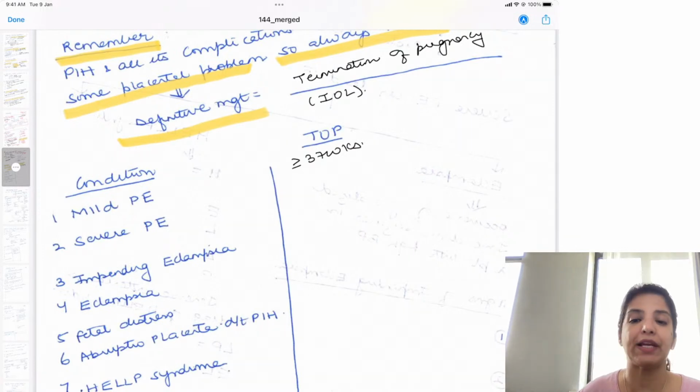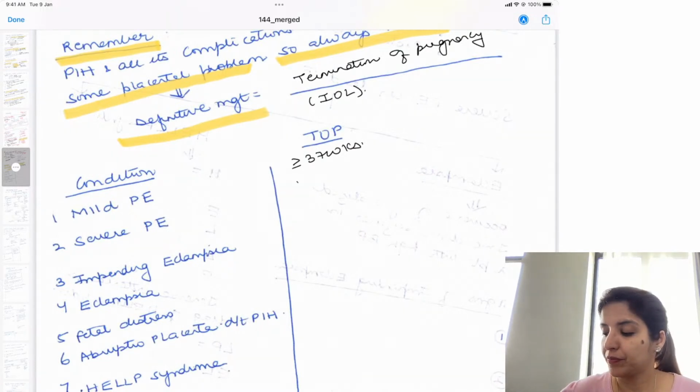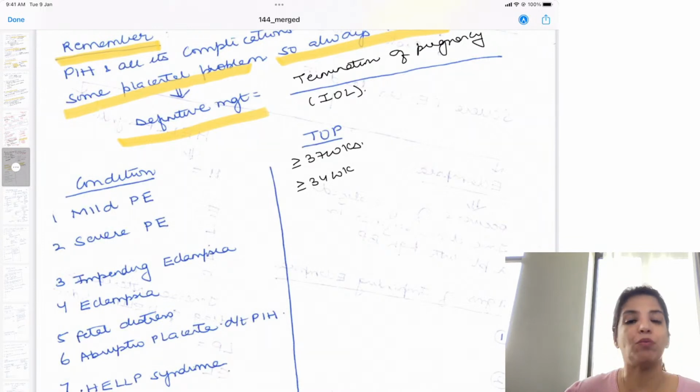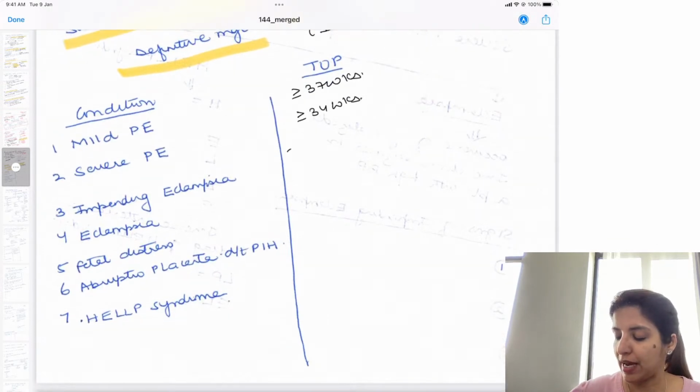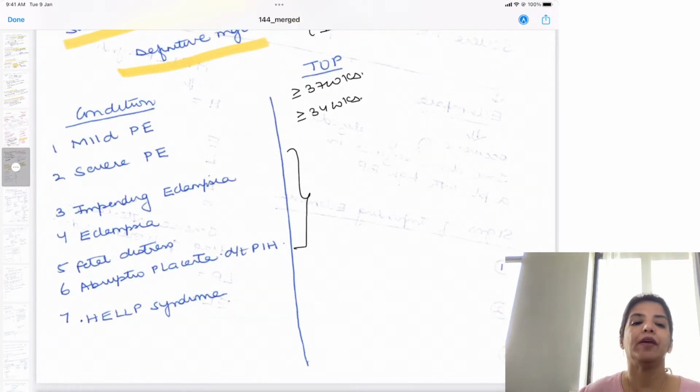In severe preeclampsia, termination of pregnancy will be done at more than equal to 34 weeks. And if your patient has impending eclampsia, or if your patient has eclampsia or fetal distress or abruptio placenta due to PIH.